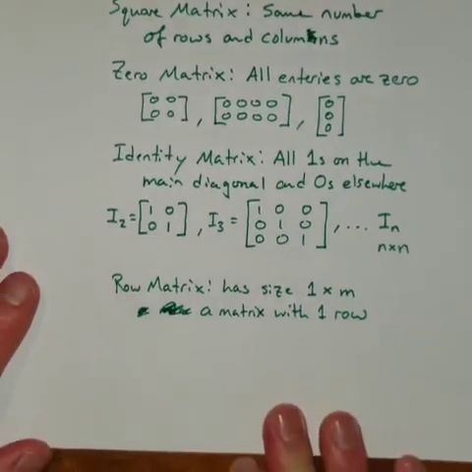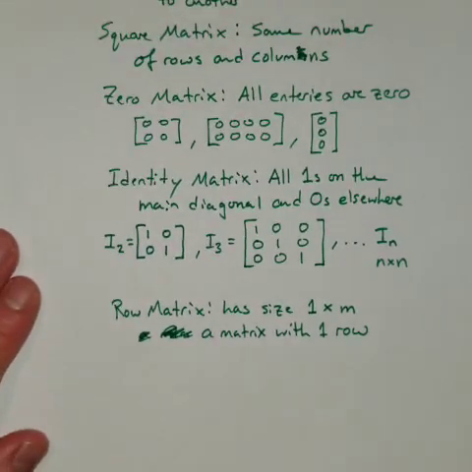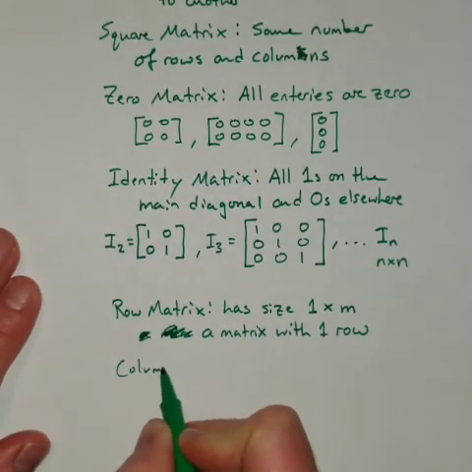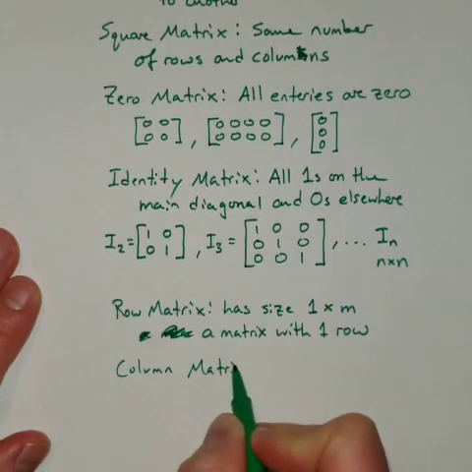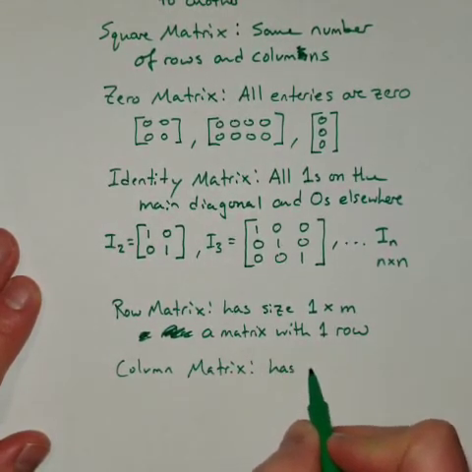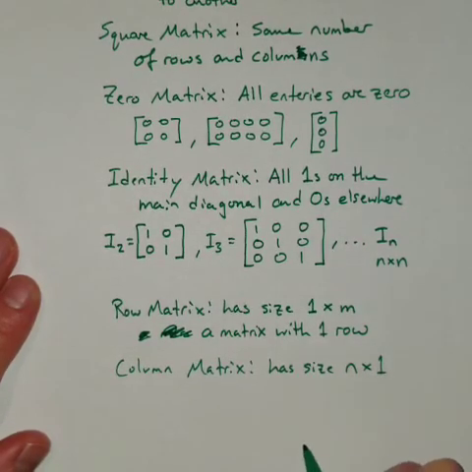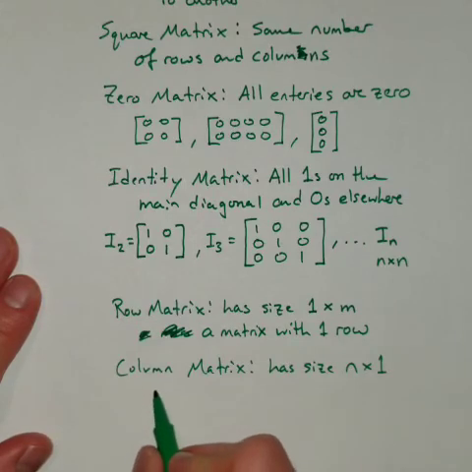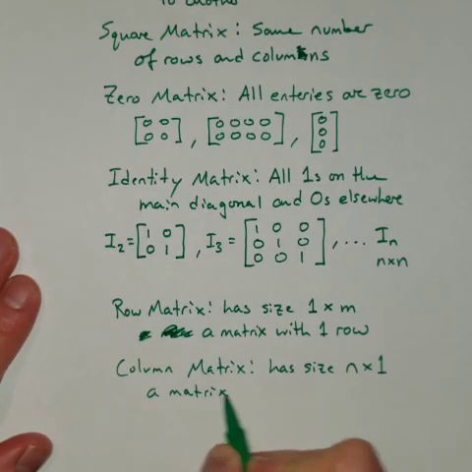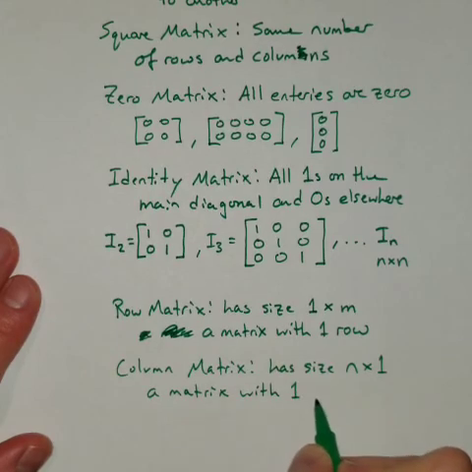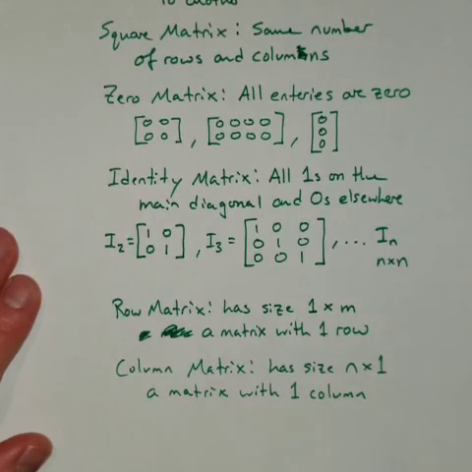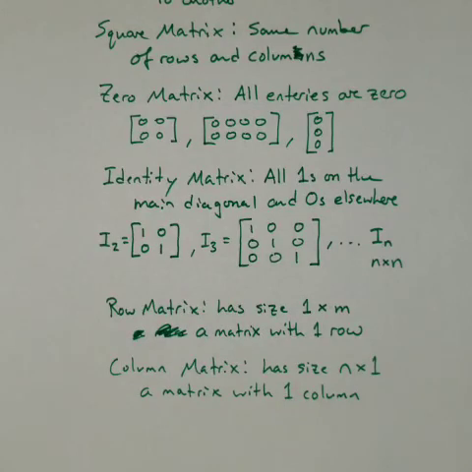Okay. And then you'll probably guess what the next one is. It's a column matrix. And the column matrix has size n by 1. It's a matrix with one column. Okay, so these are just a few basic types of matrices that we're going to be talking about as we progress through this conversation.